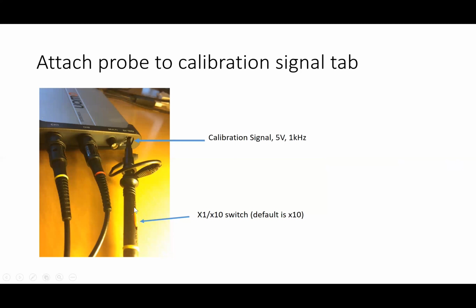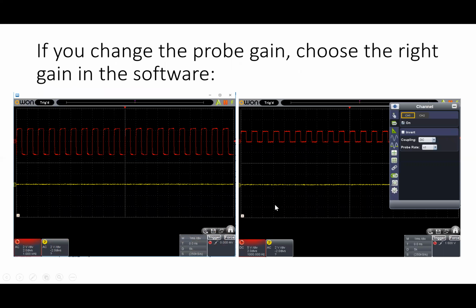They come in the ×10 position by default. I click mine over to ×1, but then you have to go into the Owon software and click on the home button here, and then the channel icon, channel 1, turn it on, and make sure it's on ×1. We'll talk about this coupling in a little bit.